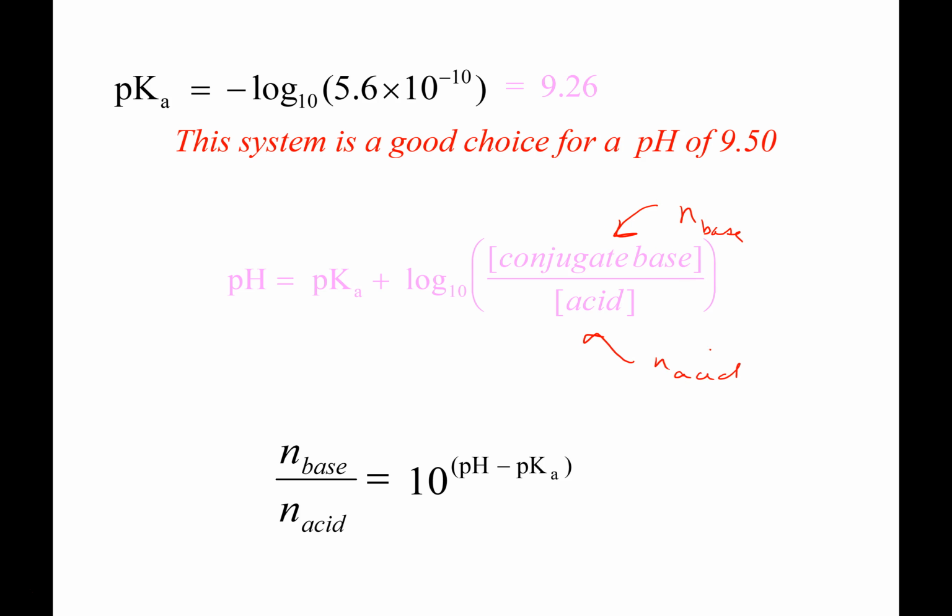The other thing I've done here is move the pKa onto the side with the pH, so you get pH minus pKa. Then we can remove the log function by raising 10 to that power. So this is kind of like what we did last time.